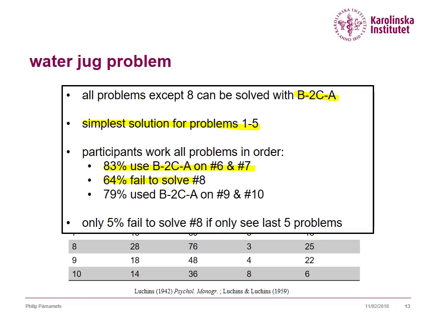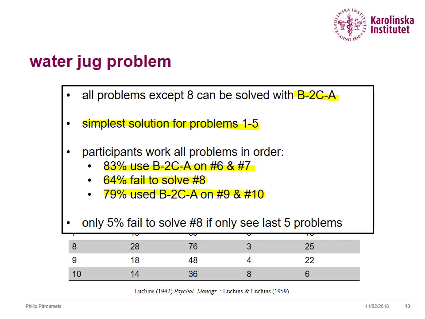And 64% fail to solve problem 8 because their b minus 2c minus a does not work at all. And then once again, 79% will use b minus 2c minus a on number 9 and 10. So this is an example of participants becoming entrenched in the one particular solution of the problem and then constantly applying that solution instead of rethinking the problem when appropriate.